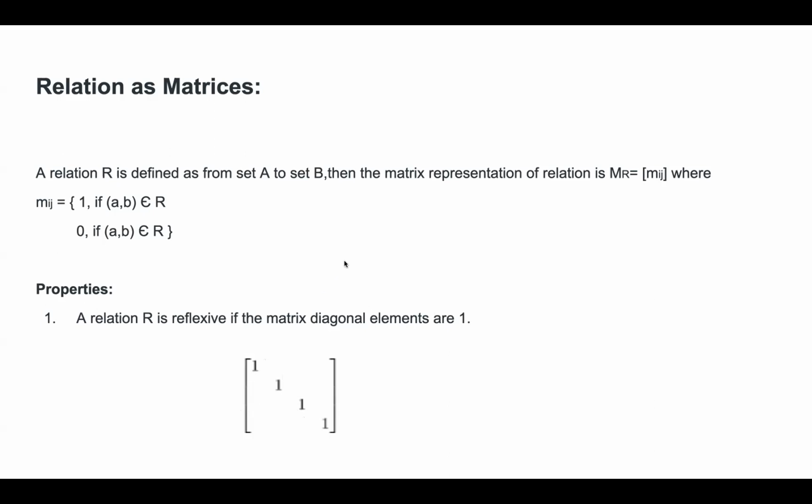Then what will this MIJ be? Any one point here, how the matrix is represented, MIJ means the elements of the matrix.